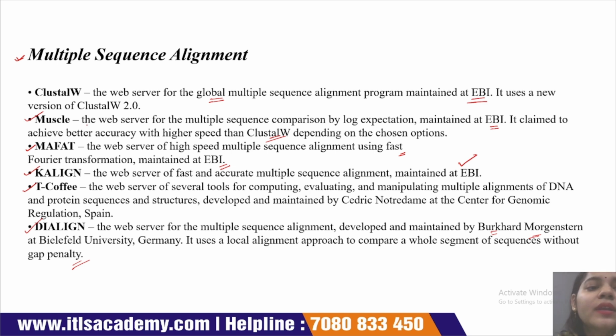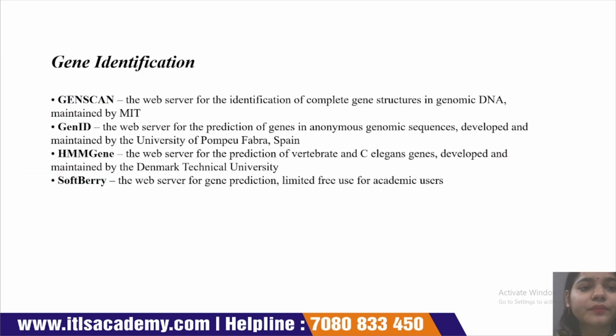First is Clustal Omega, second is MUSCLE, next MAFFT, next Kalign, then T-Coffee, then DIALIGN. Okay, these tools are used to perform the multiple sequence alignment. Okay, now we discuss the tool used for gene identification. First is GenScan.